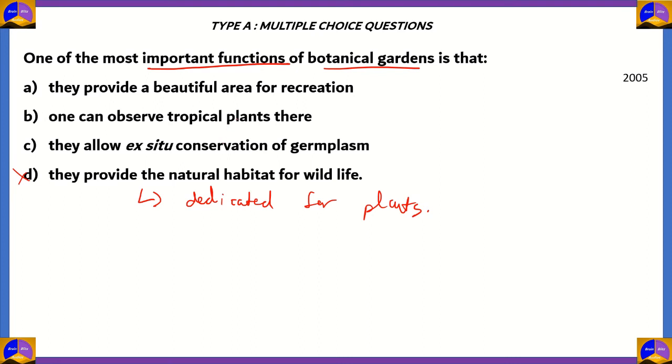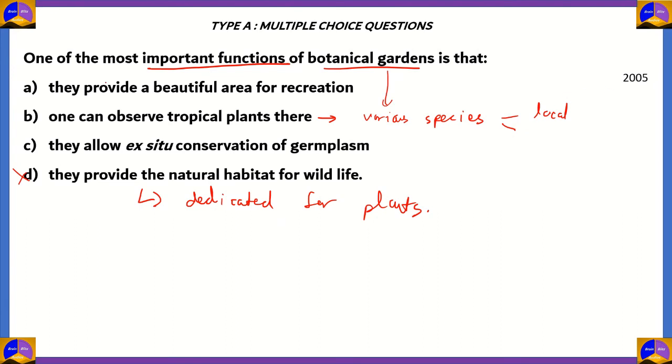Now what about option B? One can observe tropical plants there. Well, botanical gardens contain various species of plants. Now these can be local or plants imported from other places, and they can be tropical or temperate.